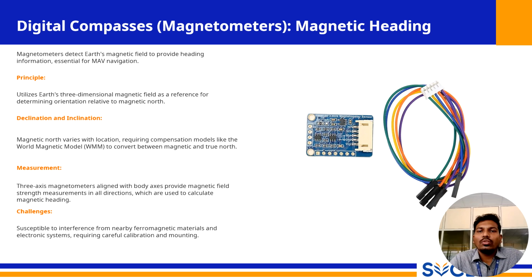The underlying principle of the magnetometer is quite straightforward. It utilizes Earth's three-dimensional magnetic field as a reference for determining orientation relative to magnetic north. The Earth itself generates a massive, albeit weak, magnetic field, and the sensor on the MAV is sensitive enough to detect it.